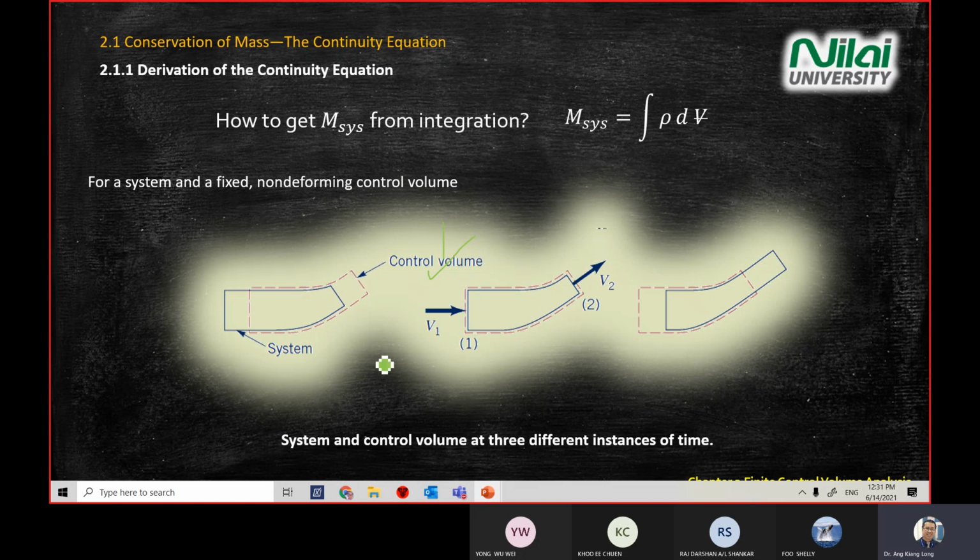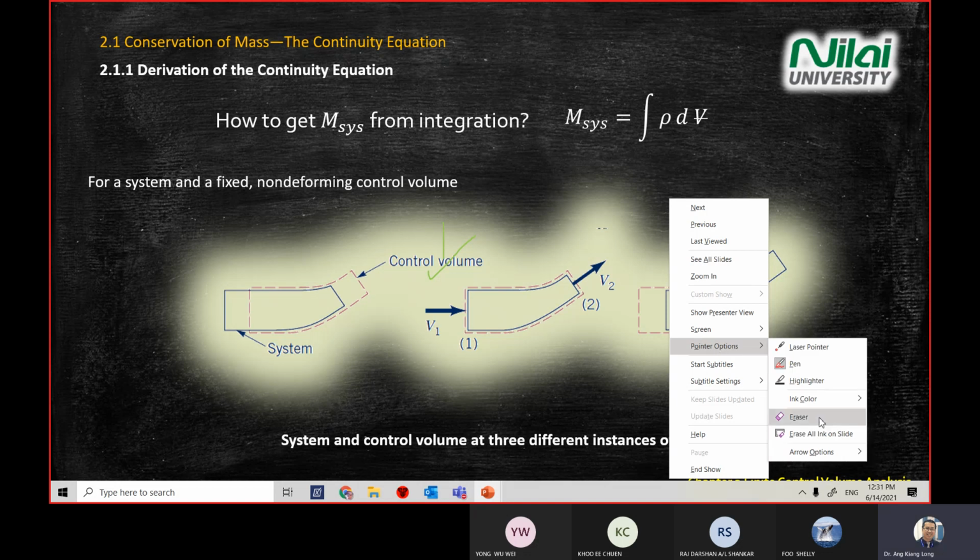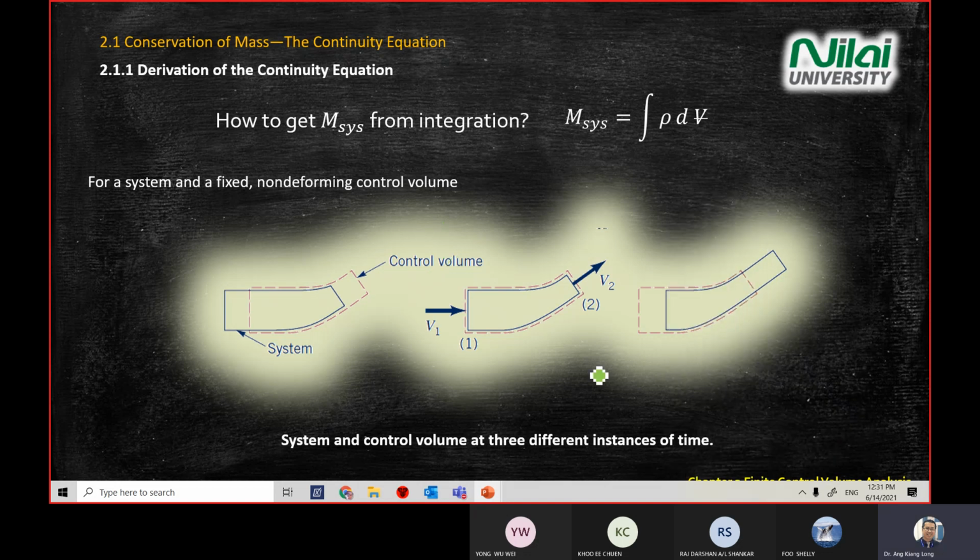this three diagram on the left, middle, and right. What are their differences? They show the movement of your system. As you can see, the control volume doesn't move. The control volume doesn't move means that you fix your camera or your eyes to that particular position, and then your system will be moving through the control volume.